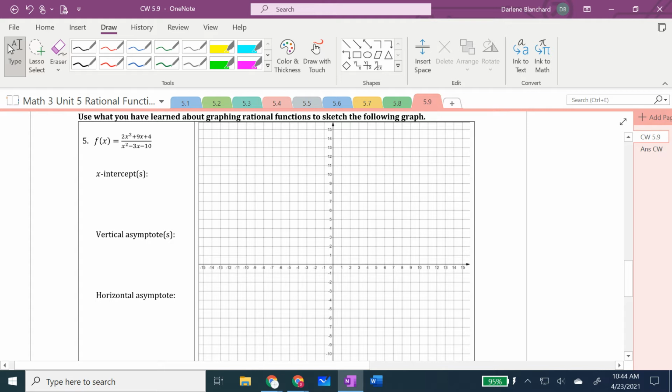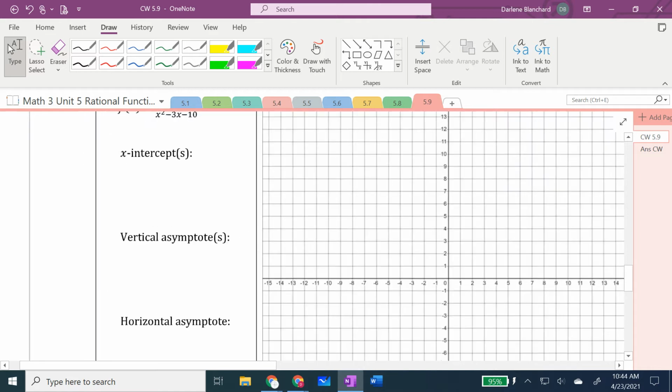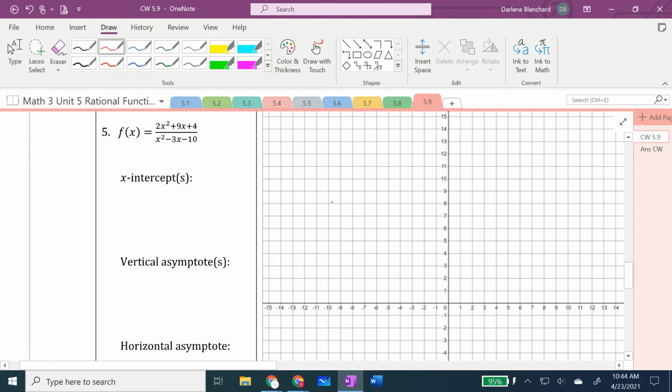If you have to actually draw the graph, there's only so much I'm going to expect of you for that, and I want you to be clear. So this is what I want you to be clear on. First, find the things that are asked for.